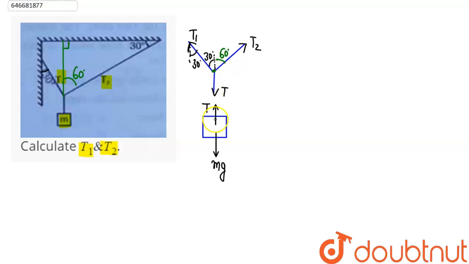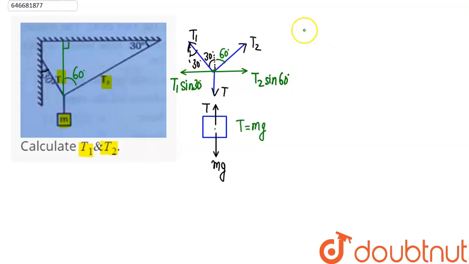Now if we write equations for this mass M, we have T equal to mg. Next we can resolve these forces. These components of tension will be T2 sine of 60 degree, and this component will be T1 sine of 30 degree.